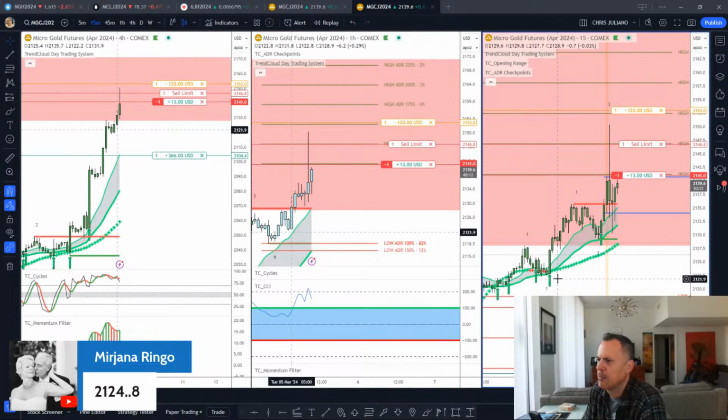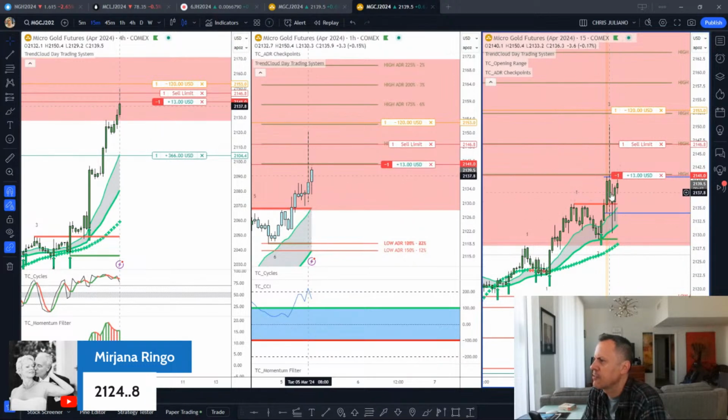Well, then if you're long, excellent. I would start taking profits now, right? So Mariana got into the trade at 21, 24, 8 right here, right around these TrendCloud trading signals.